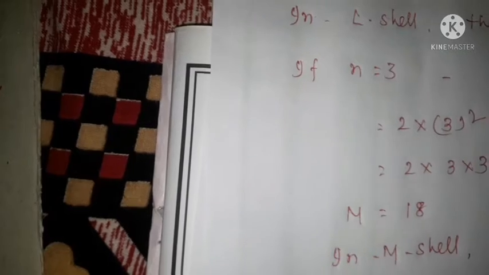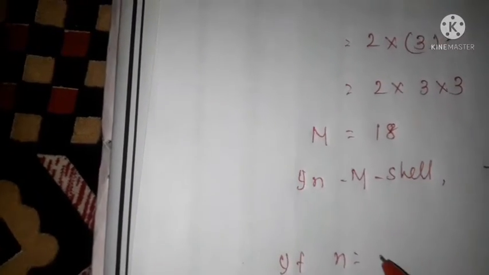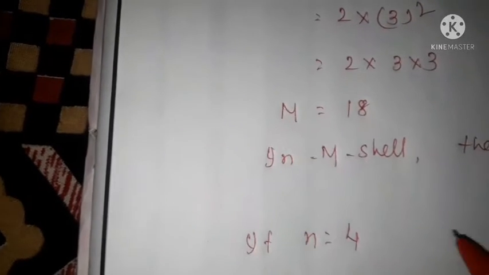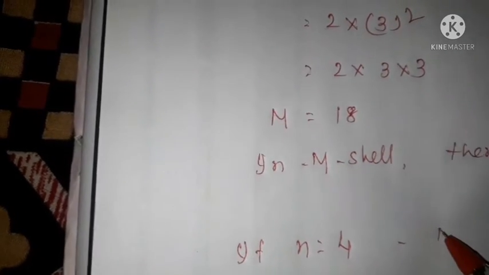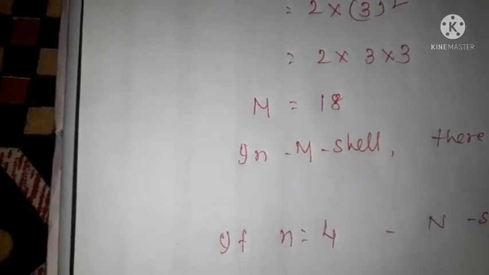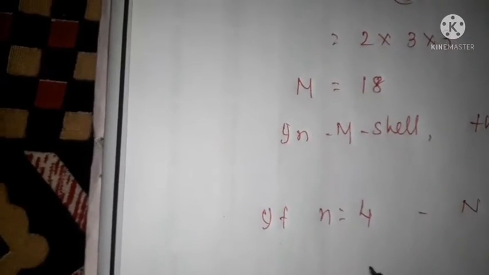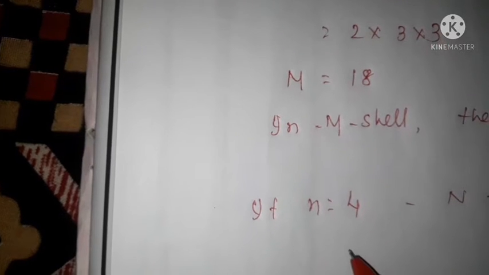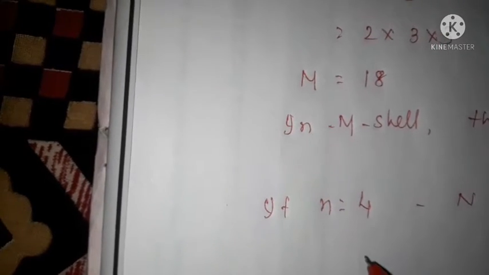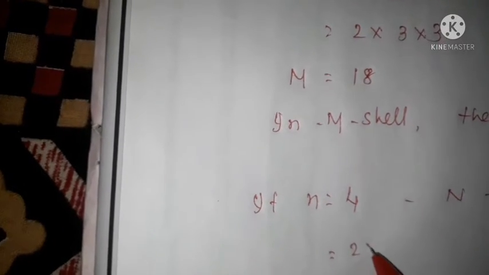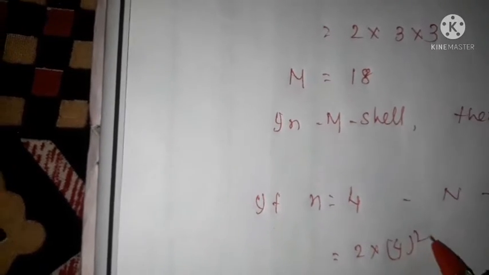Like this, we calculate it. If n is equal to 4, that means N cell. Now using 2n square, the formula of cell, 2 into 4 square.